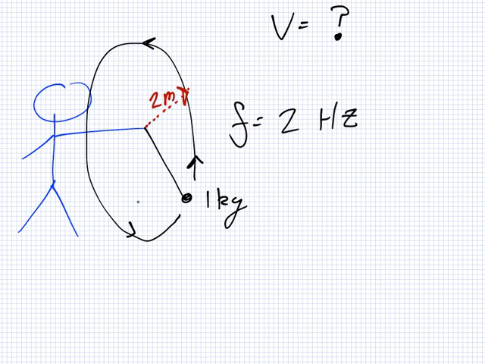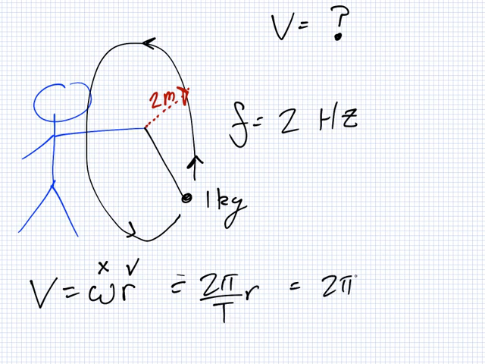Okay? So, V equals omega R. Do we know omega? No. Do we know R? Yes. But omega is 2 pi over T. Do we know T? No. But T is 1 over F. Do we know F? Yeah.